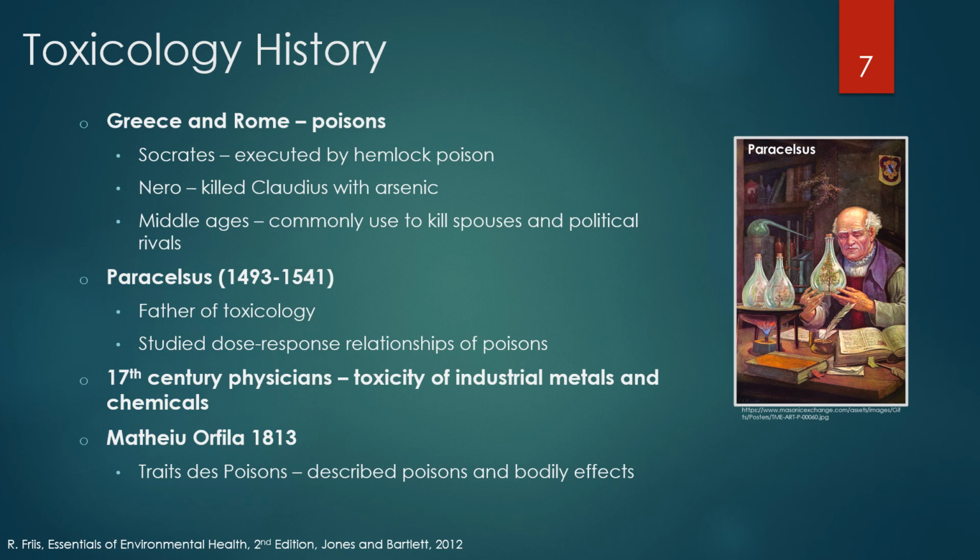Socrates, 470 to 399 BCE, was executed by drinking hemlock poison. In Rome, Nero apparently dispatched Claudius with arsenic. During the Middle Ages, poisonings were a relatively common way to deal with difficult spouses and rival politicians.